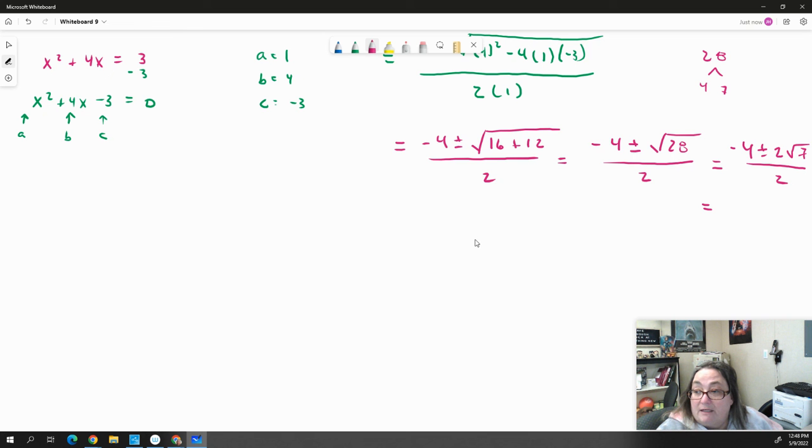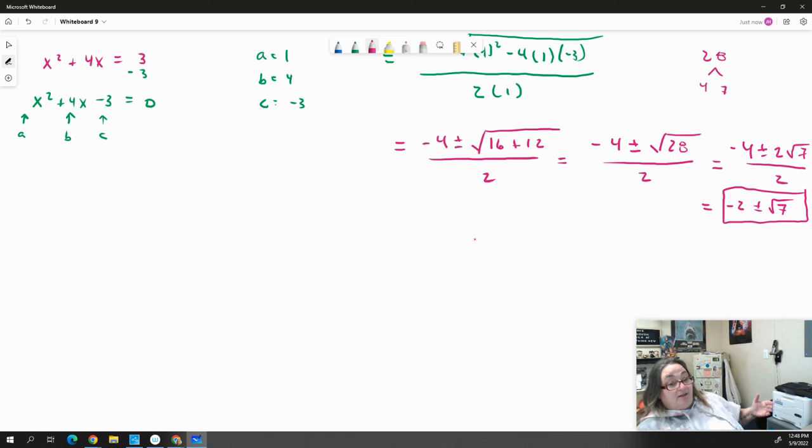So we get negative 2 plus or minus radical 7 when we reduce it. And I know you're saying to yourselves, if you are, that's only one answer, but it's not. It's negative 2 plus radical 7 and it's negative 2 minus radical 7. And that is as difficult as anything that you'll come up with on your homework.